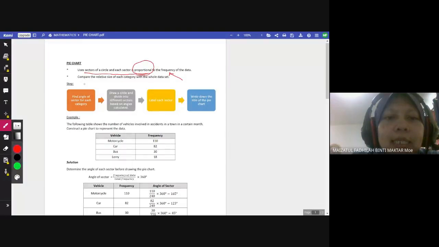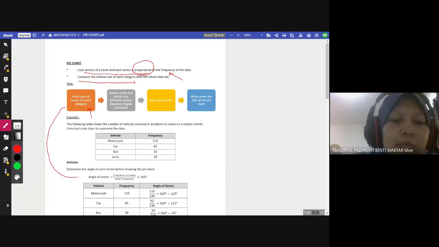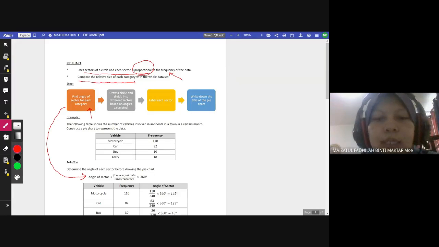For a pie chart, you compare the relative size of each category with the whole data set, right? So how do you do the pie chart? First, find the angle of the sector for each category. For this one, they have a formula. You can see this one, right? This is the formula you need to use to change the frequency to the angle of the sector.